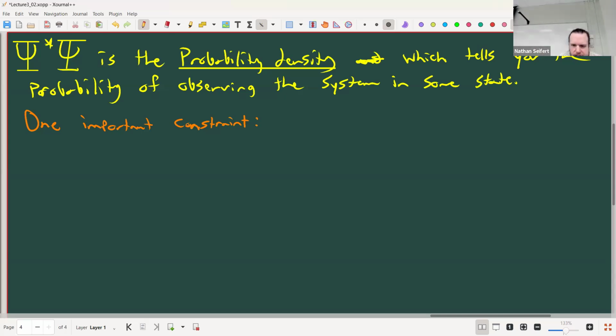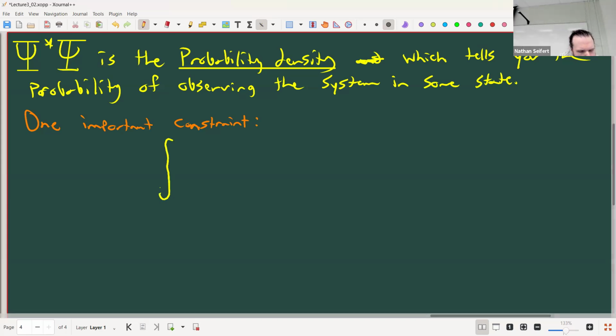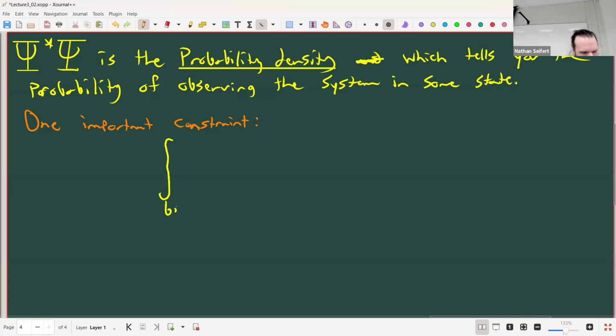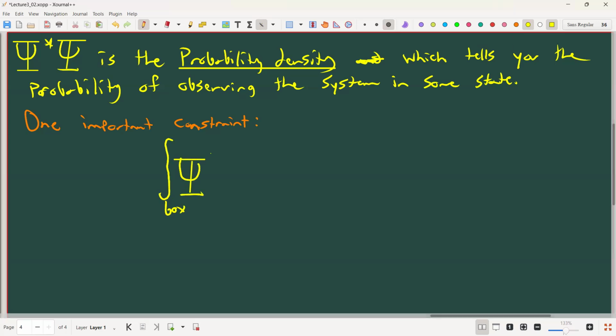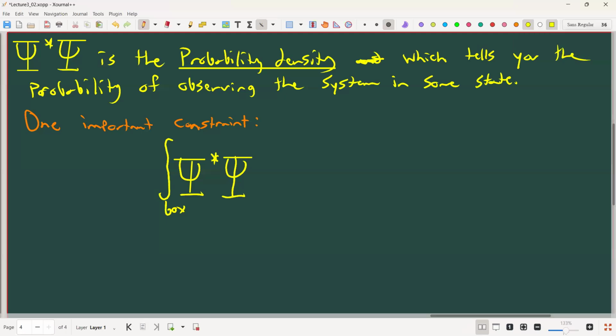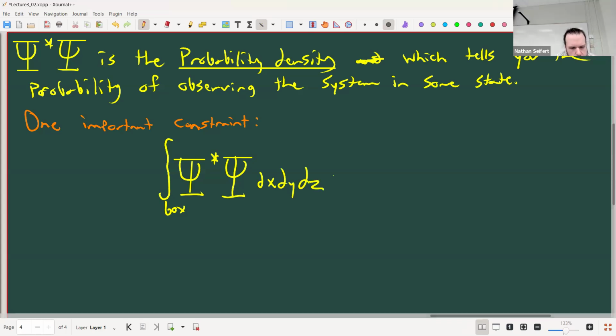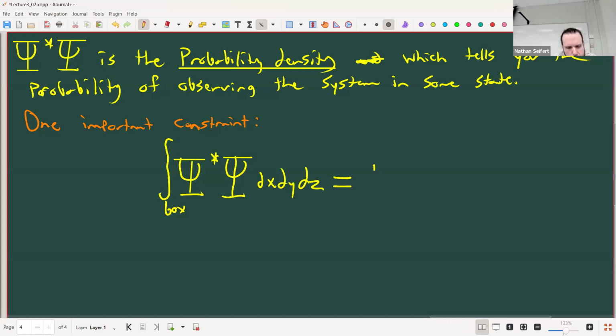So the important constraint is that the integral over the box of psi star psi times, let's say for instance, dx dy dz in 3 dimensions, has to equal 1.